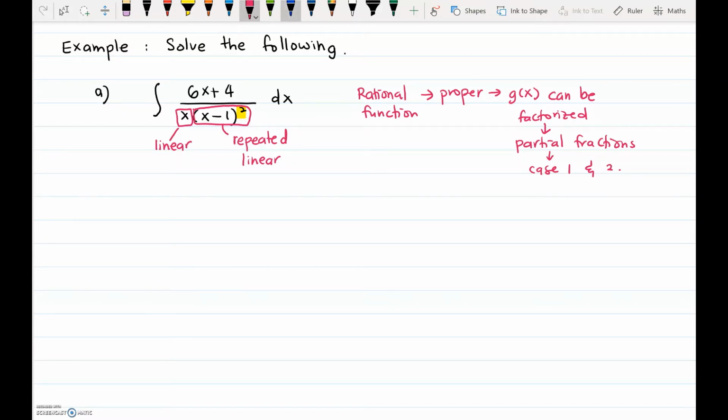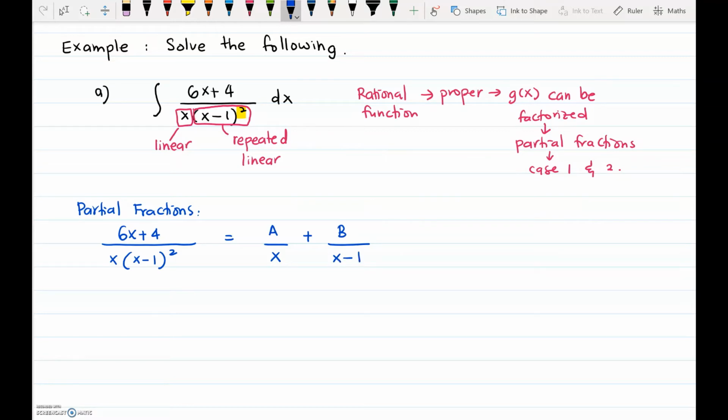Let's look at the partial fraction. We have (6x plus 4) divided by x times (x minus 1) squared. The partial decomposition will be A over x for the linear factor, plus, for the repeated linear factor, B over (x minus 1).